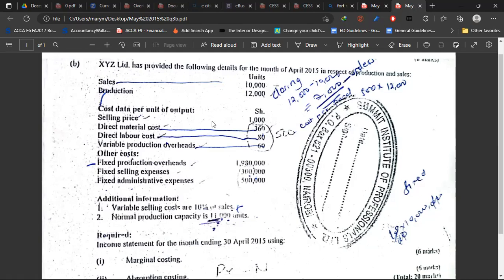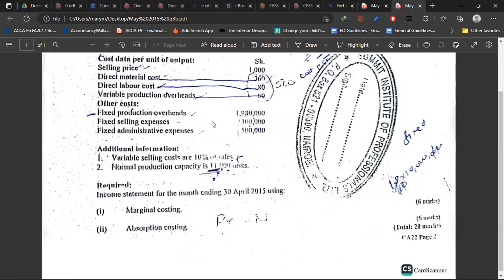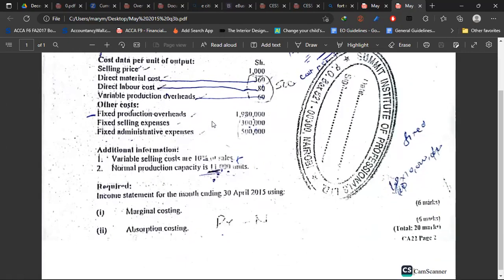Other costs: fixed production overheads 1,980,000, fixed selling expenses 300,000, fixed administrative expenses 500,000. Additional information: variable selling costs are 10% of sales. Normal production capacity is 11,000 units. Required: income statement for the month ending 30th April 2015 using marginal costing and absorption costing.